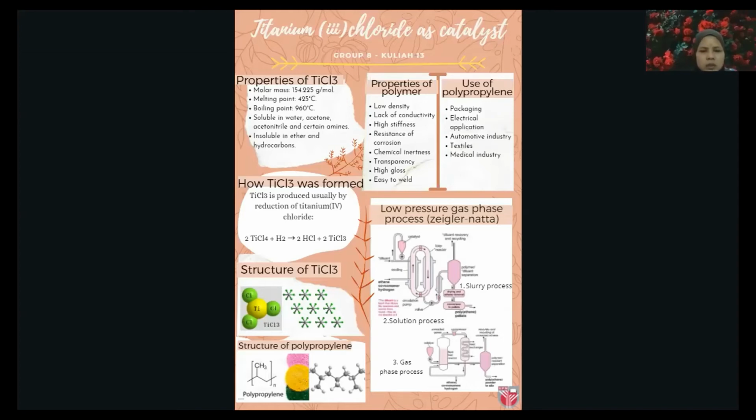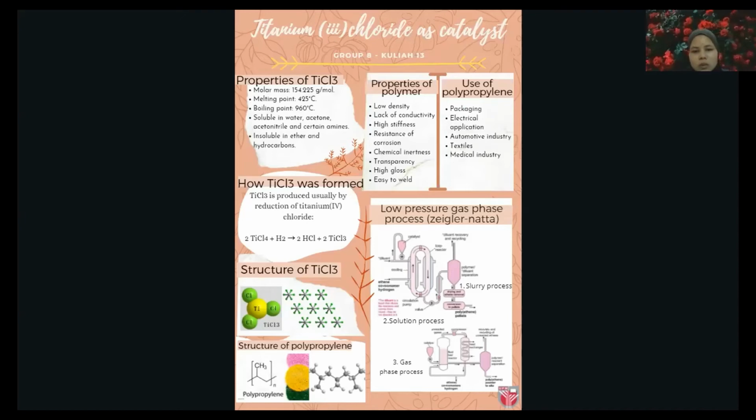Who knows polypropylene is a thermoplastic and addition polymer made from the combination of propylene monomers. This polypropylene is used for packaging, like plastic bags when people go to buy groceries, and also plastic parts for various industries, including the automotive industry and electrical applications.